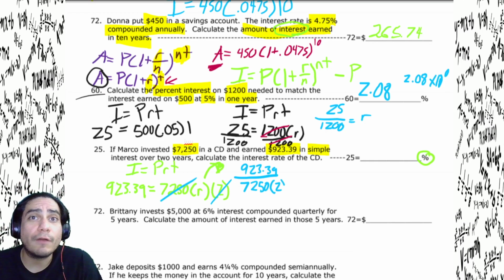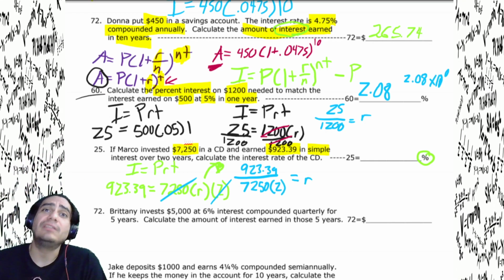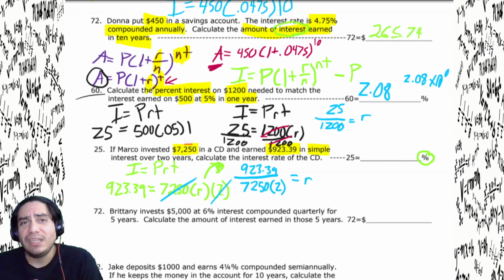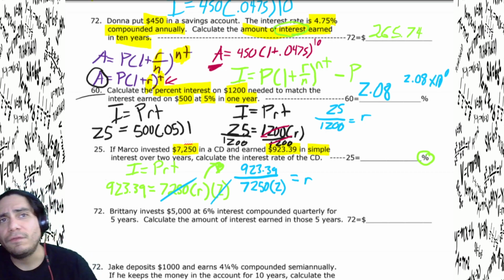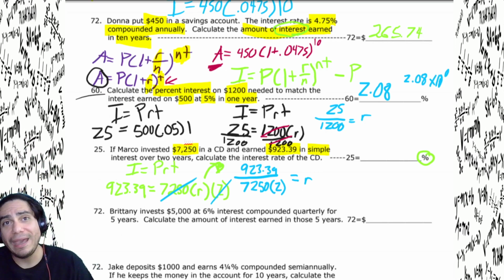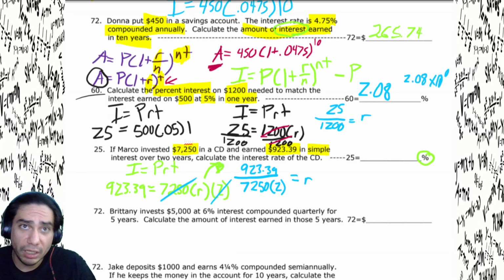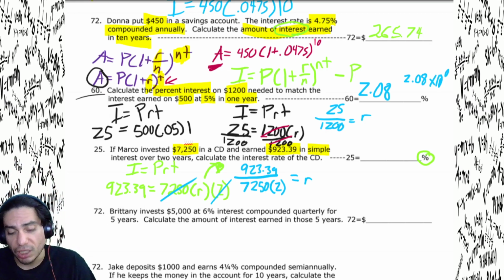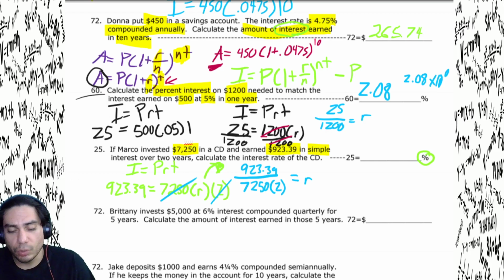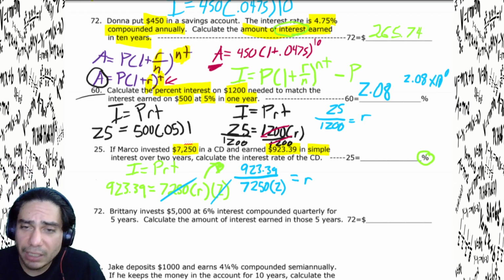So really, our formula ends up being this. We got $923.39. We're going to go ahead and get 7,250, which is our initial principal, multiply it by 2, and then we divide it from our interest earned in the account for 2 years. And guess what? We got ourselves our answer here. So, you know, it is what it is. We write 6.37 times 10 to the negative second, and we're done.